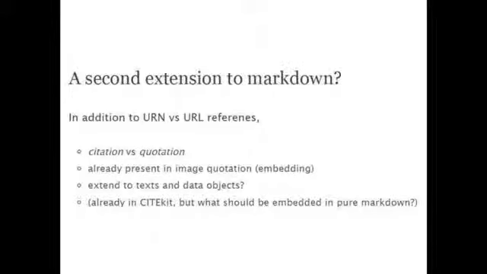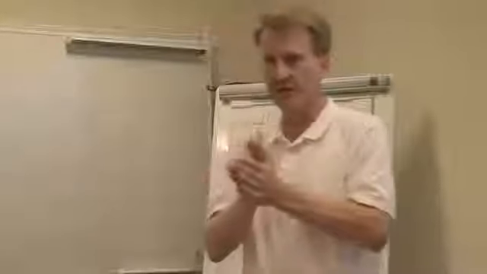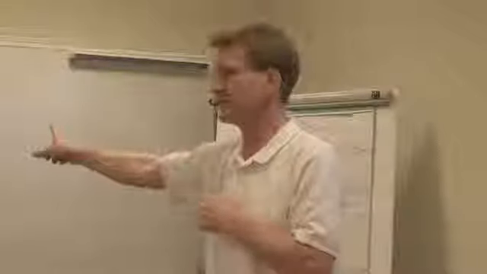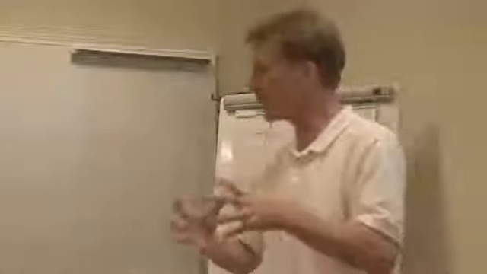this raises an interesting question, because one of the general principles that my colleague Chris Brockwell likes to talk about is the distinction between citation and quotation. By citation, we mean a reference you can follow to find the cited information. Quotation means embedding it, including it in your material.